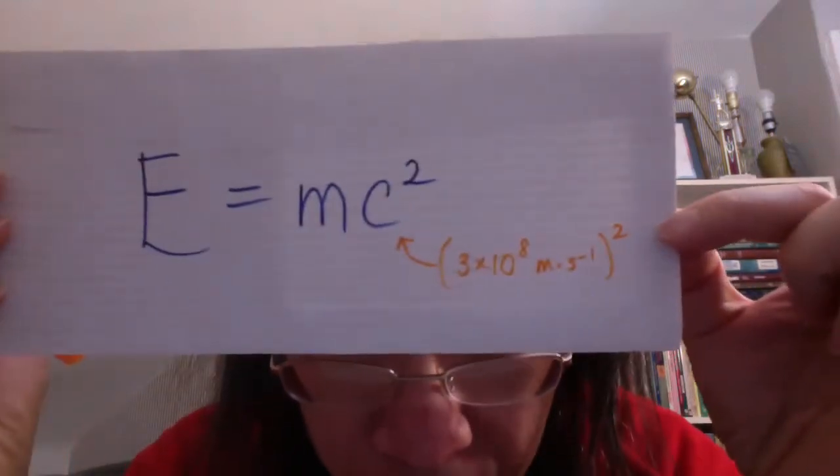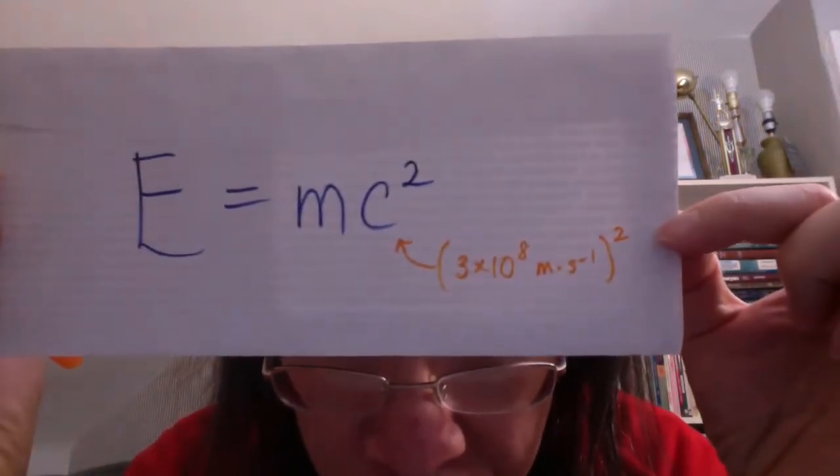So c is the speed of light, right? c is 3 times 10 to the 8 meters per second. And so c squared is 3 times 10 to the 8 meters per second, quantity squared.